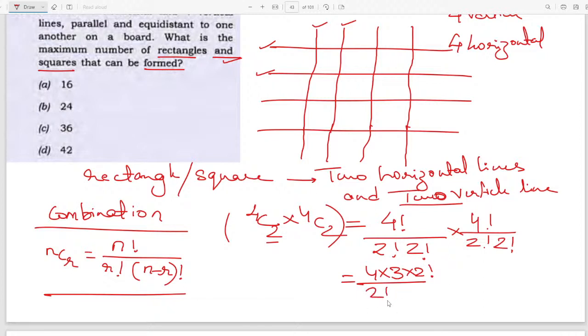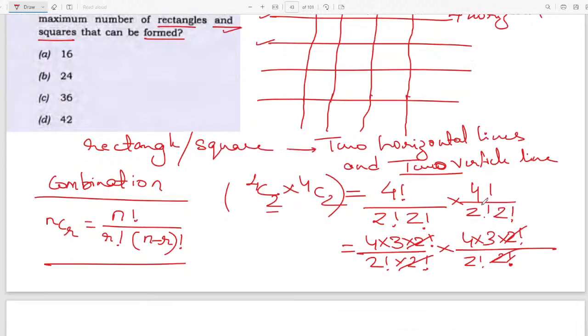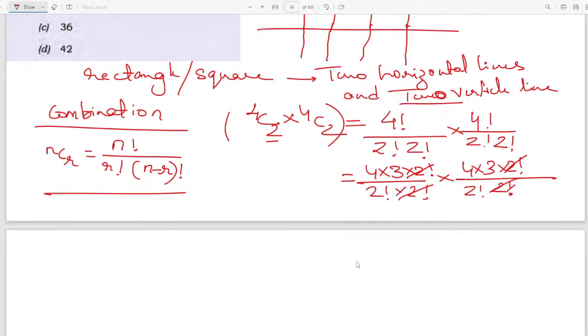Then the 2 factorial gets cancelled. This would be equal to 4 threes are 12 by 2, which is 6. So 6 into 6, 36.